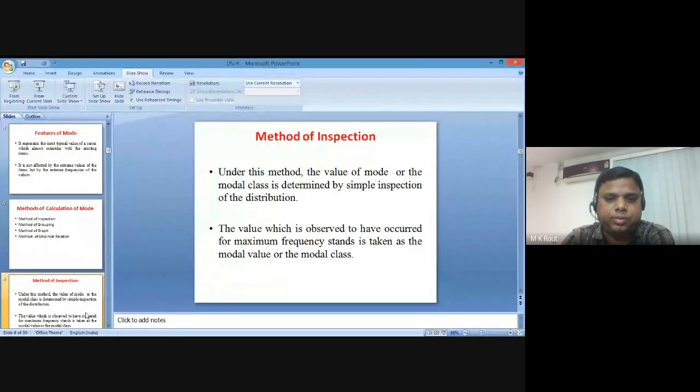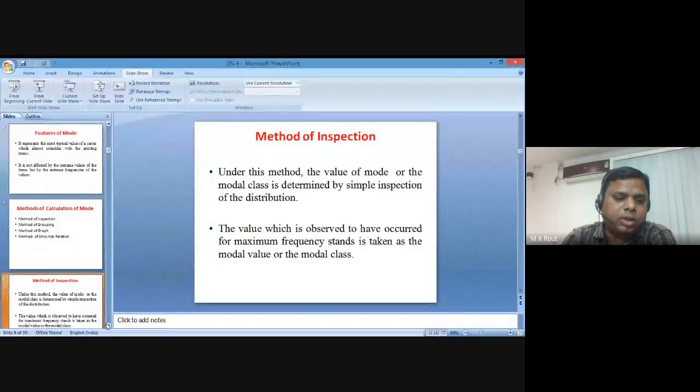I repeat, in this method the value of mode or the modal class is determined by simple inspection of the distribution. The value which is observed to occur with maximum frequency is taken as the modal value or modal class, and that should be considered as the value of mode.